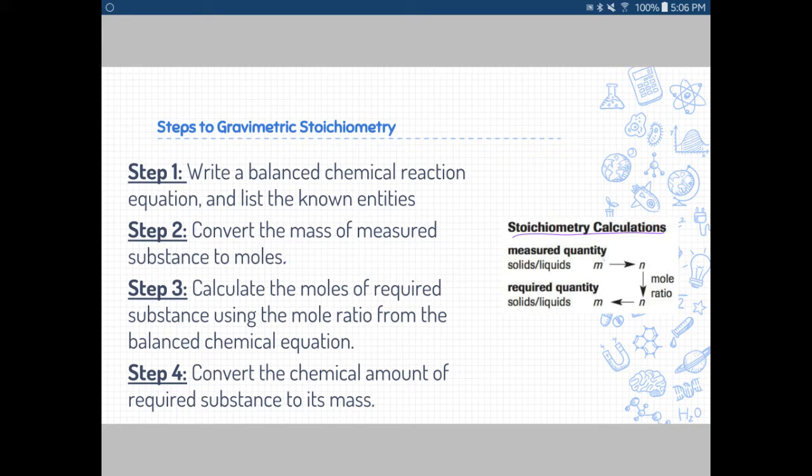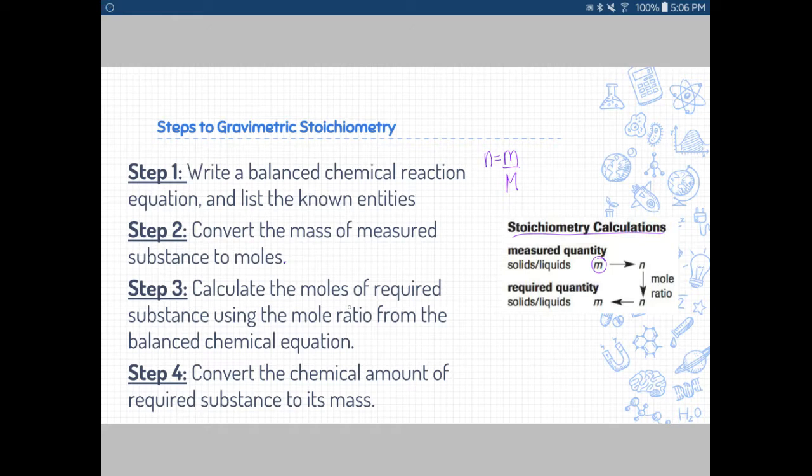Remember that moles equals mass over molar mass, so if we're provided a mass, we can convert it into moles by putting mass over molar mass to get our moles, or our chemical amount.